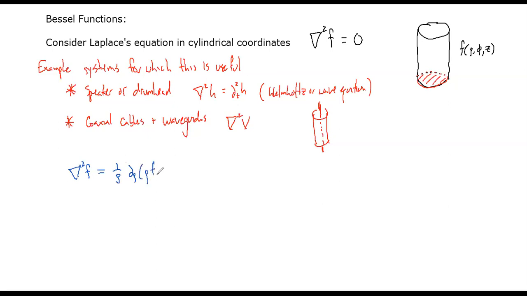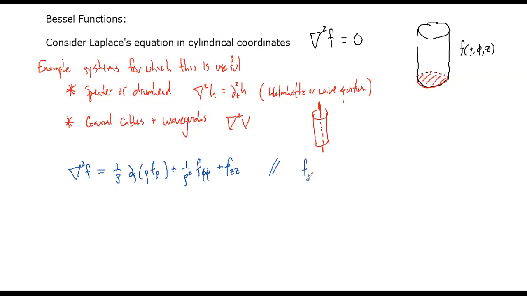So this is the Laplacian on f, where we're using f as a scalar function.